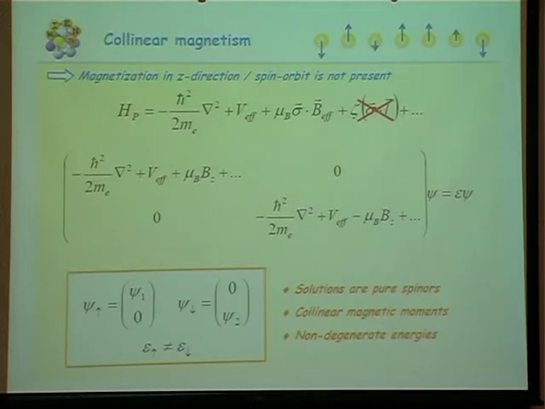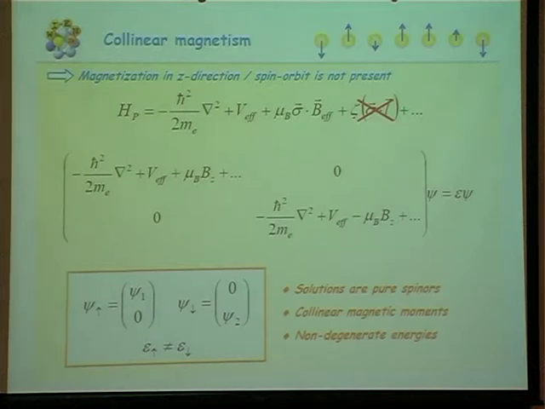Now, let's simplify it. That was the most general, most difficult case. Let's simplify it to see how we can, in the end, come to a standard magnetic solution or even to a non-magnetic solution. The first simplification would be to drop the spin-orbit term.